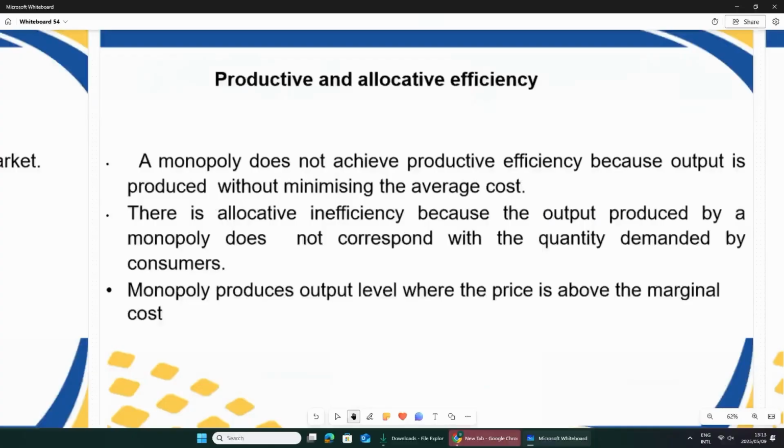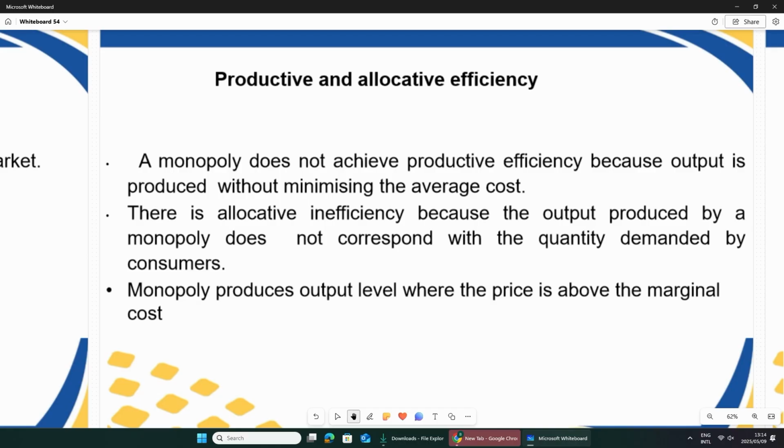Productive and allocative efficiency. A monopolist does not achieve productive or technical efficiency, and also it does not achieve allocative efficiency since it cannot produce the right product mix that is required by consumers. So it doesn't achieve both productive and allocative efficiency.